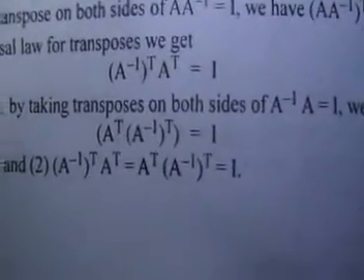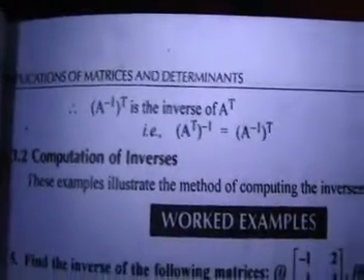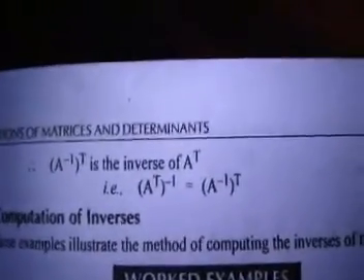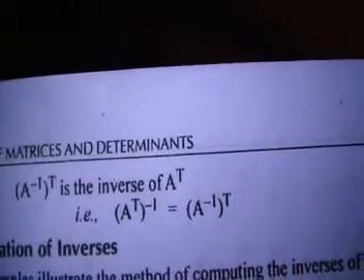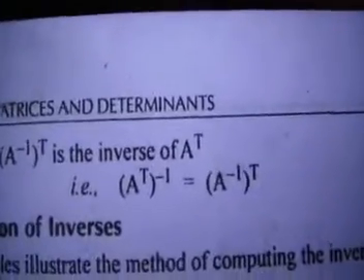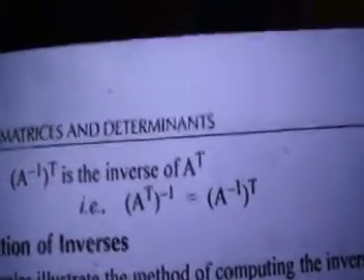We are substituting that here. Okay. Hence, we come to the conclusion that A inverse transpose is the inverse of A transpose. That is, the inverse of A transpose equals the transpose of A inverse. Okay? Bye. Thanks.